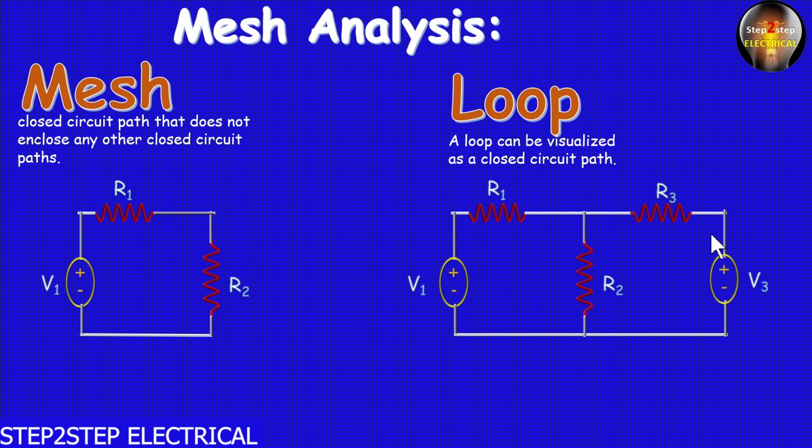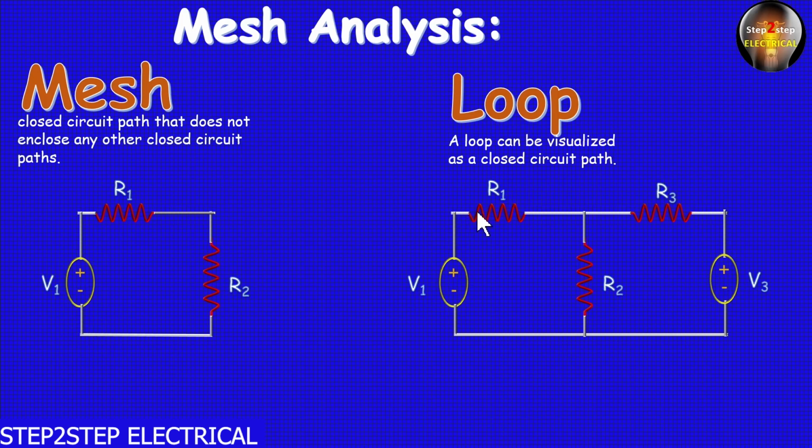This closed circuit path forms the first mesh, while this closed circuit path forms the second mesh. But what is a loop? Here the loop is this one closed circuit path.